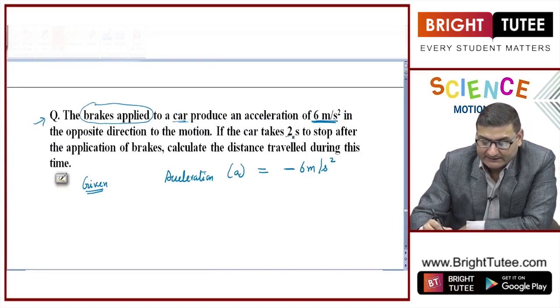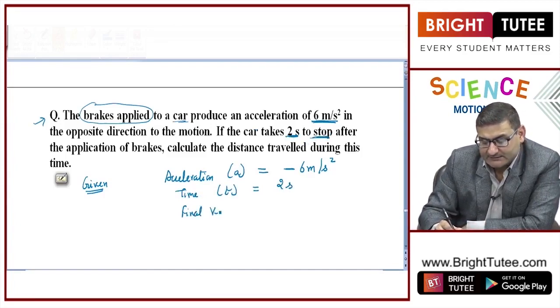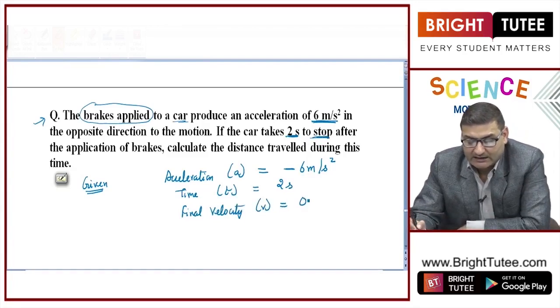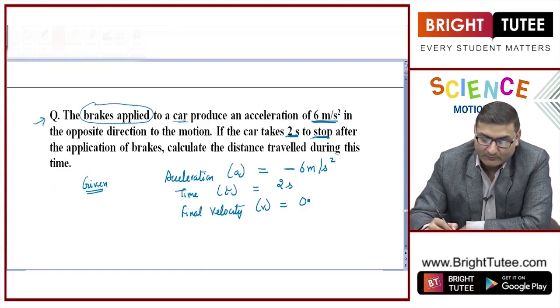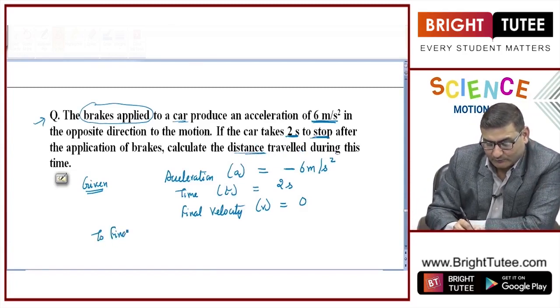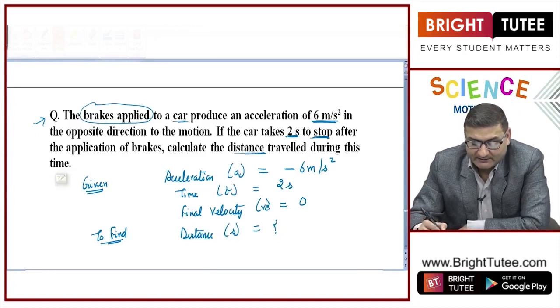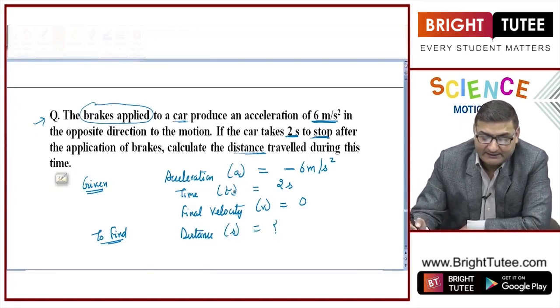If the car takes 2 seconds to stop, first of all, time taken is given to me, that is 2 seconds. To stop means the final velocity, small v, of the car is 0. Calculate the distance travelled during the time. So we need to calculate the distance travelled, small s. I am given v, a and t.